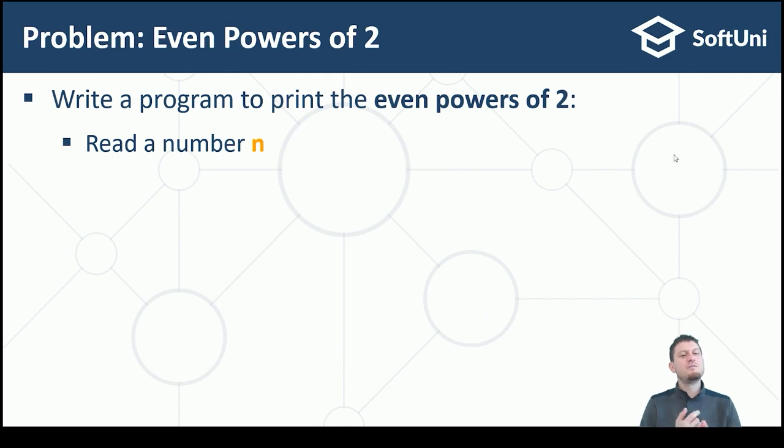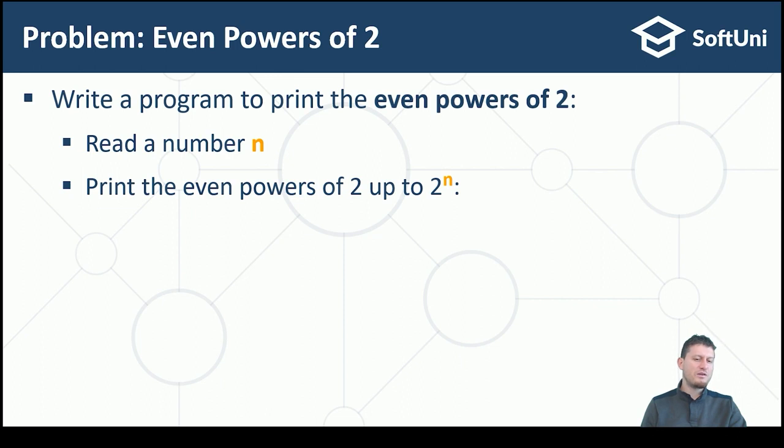It's called even powers of 2. It's about writing a program to print the powers of 2 which are even. So we read a number n and we print the even powers of 2 up to 2 to the power of n. So these are the numbers 2 to the power of 0, 2 to the power of 2, 2 to the power of 4, 2 to the power of 6, until 2 to the power of n.